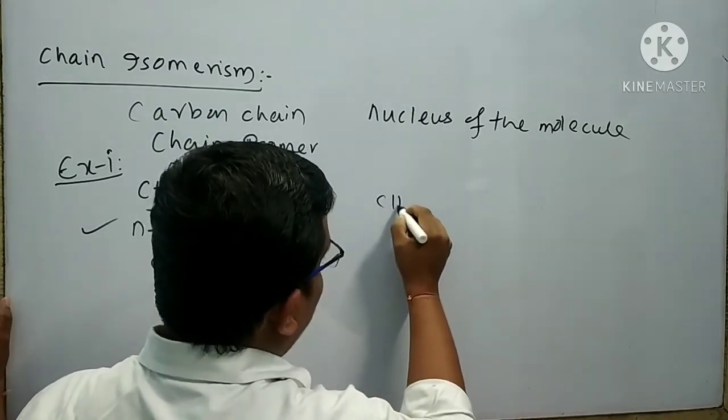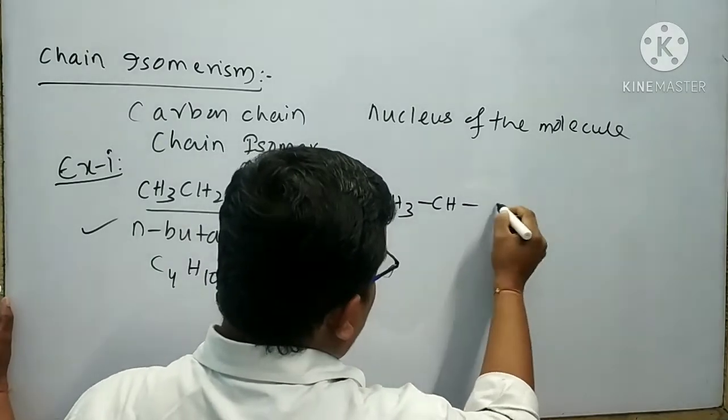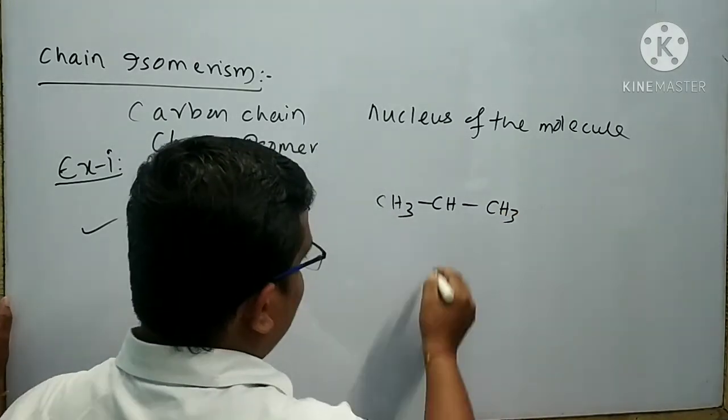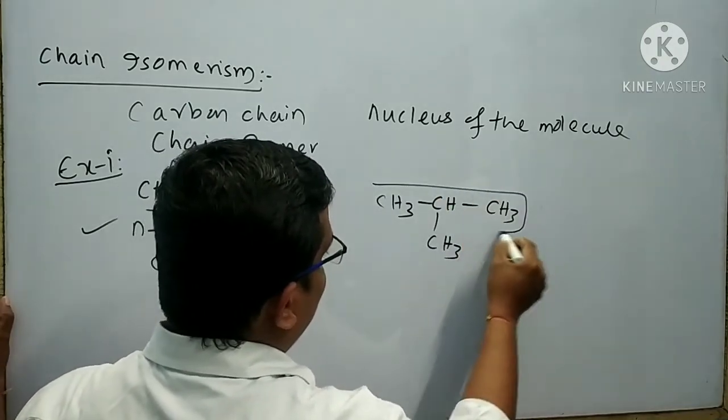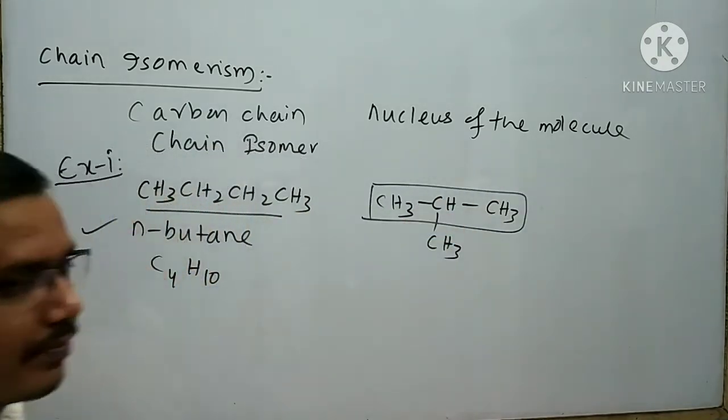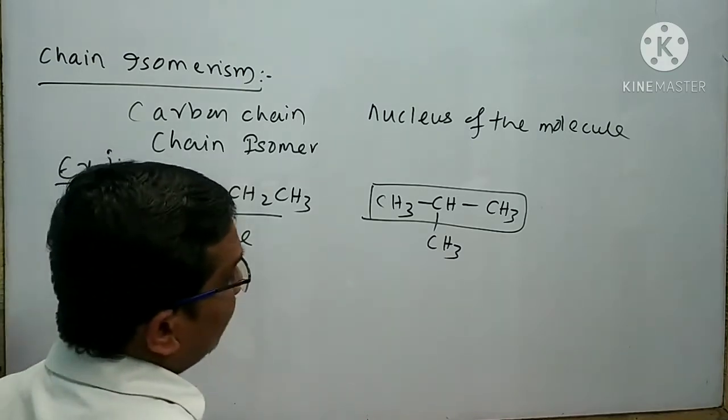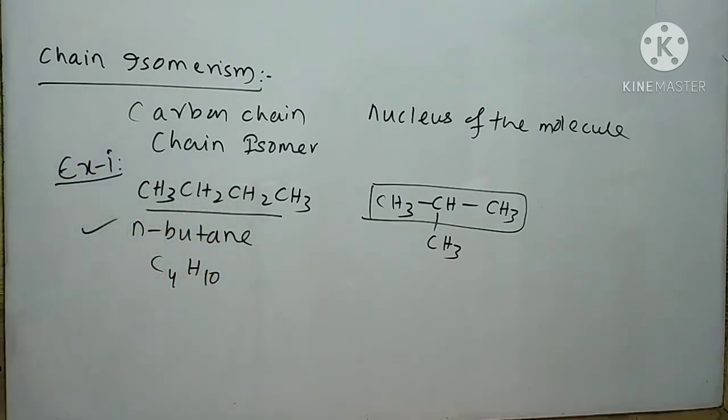So here I can write CH3, CH, CH3. Suppose the 4th carbon will attach here. Look at that, here the parent chain is this. In this parent chain there are 3 carbon atoms present.